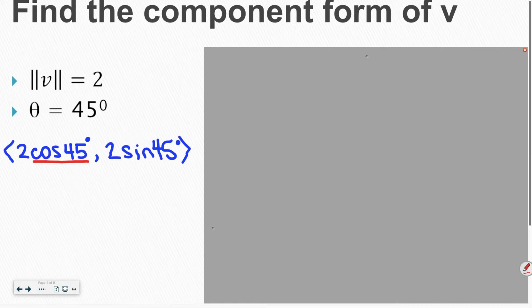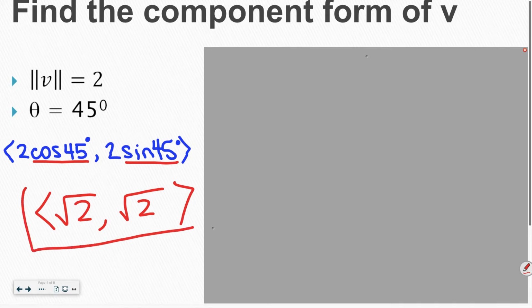We know that that's radical 2 over 2. And if we take radical 2 over 2 times 2, we get radical 2. Same thing here. The sine of 45 degrees is radical 2 over 2, so when we multiply it by this 2, we're left with radical 2. So here is the component form for our vector v.